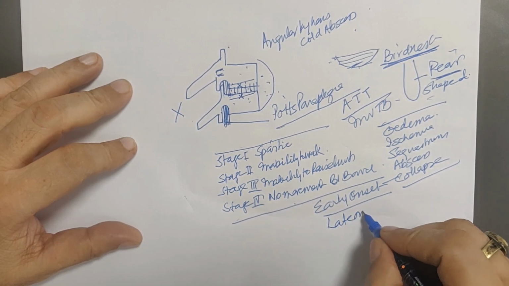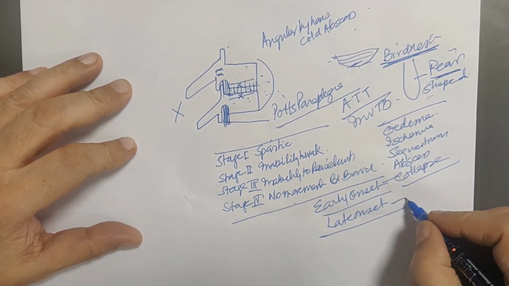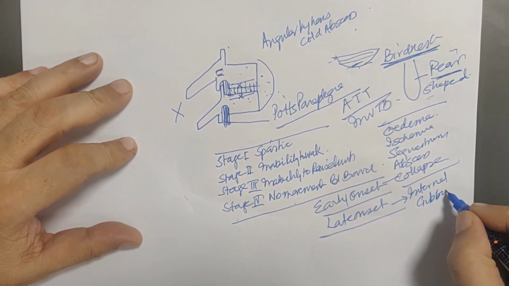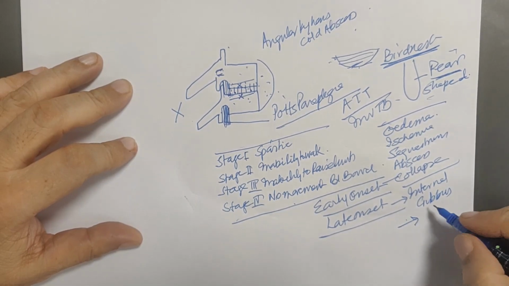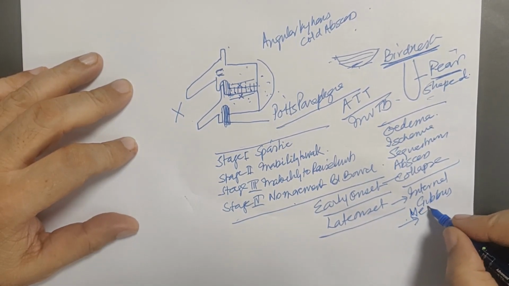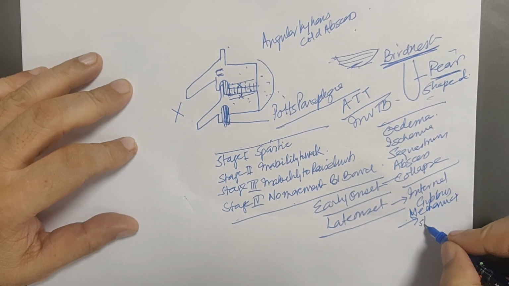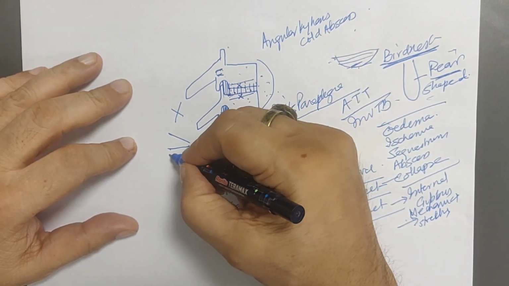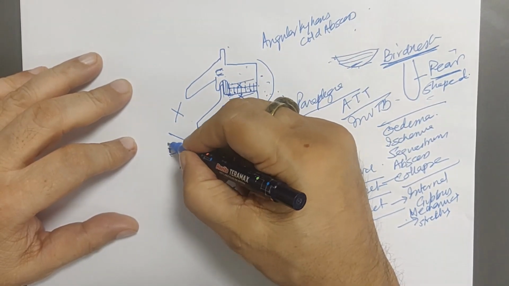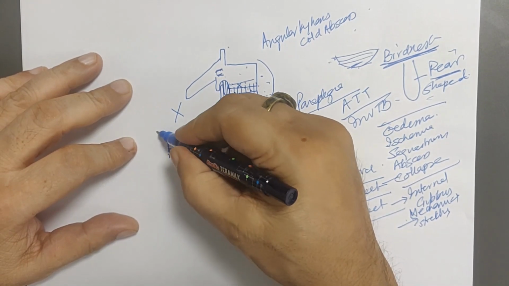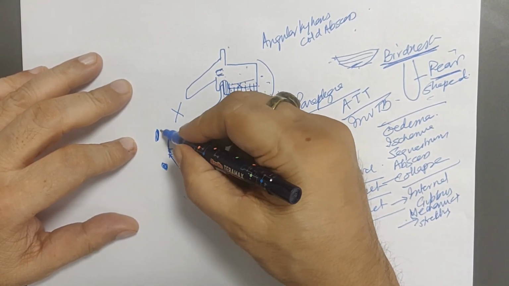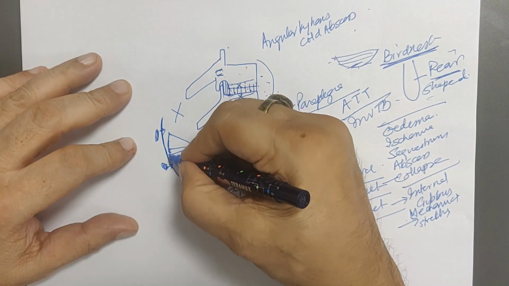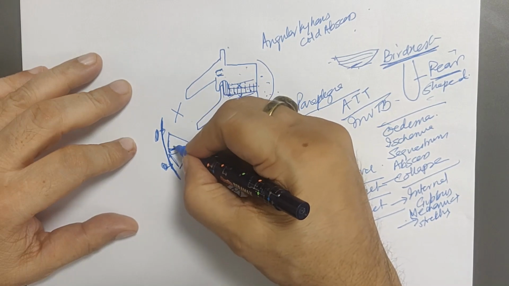Then late onset Pott's paraplegia is because of internal gibbous and mechanical stretch. So, if the vertebra collapses like this, there is an internal gibbous, and the lamina above and below is pressing the cord forward, and the internal gibbous is pushing it backward.